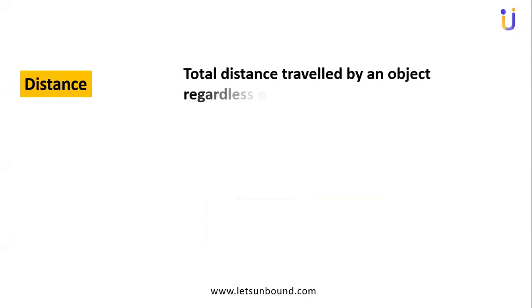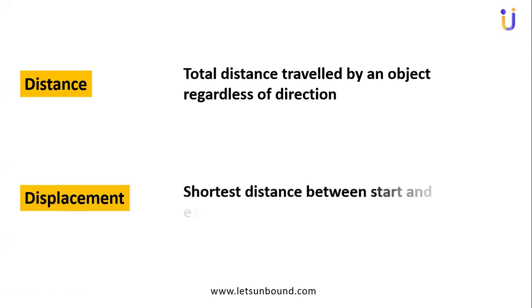Now, distance and displacement. Distance means the total distance covered as an object travels from one point to another, whatever the direction, that isn't a problem. Displacement is the net change, the shortest distance between the start and end points.